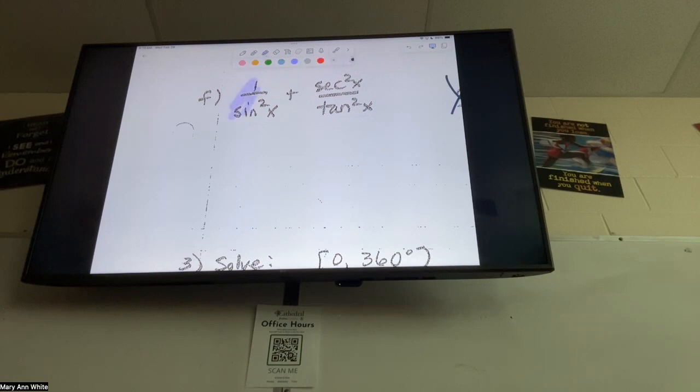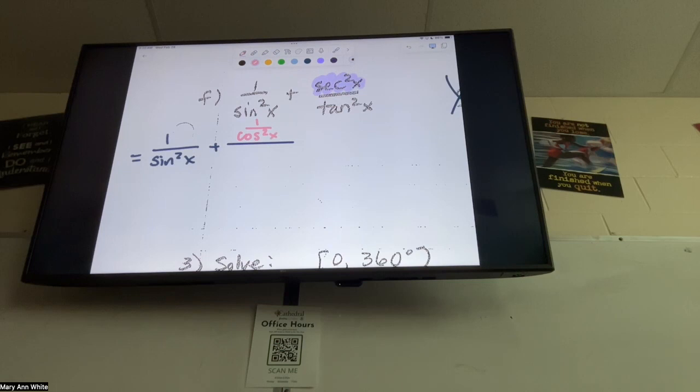So this first guy, 1 over sine squared x, that's actually good where it's at. So I'm going to leave that as 1 over sine squared x. Now secant squared and tan squared, though, we can make those in terms of sine and cosine. Secant squared is the same thing as 1 over cosine squared.